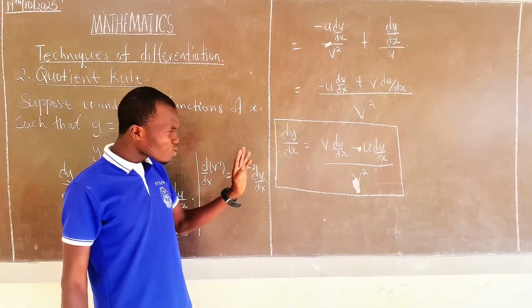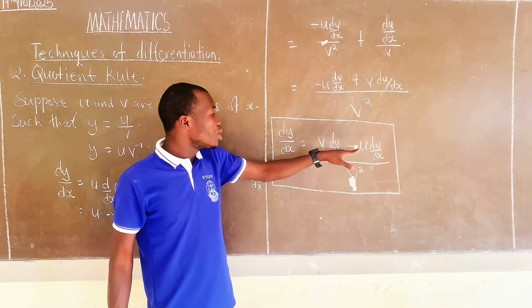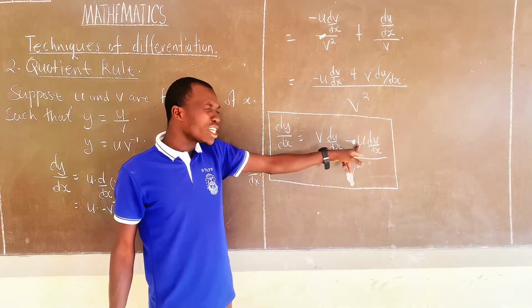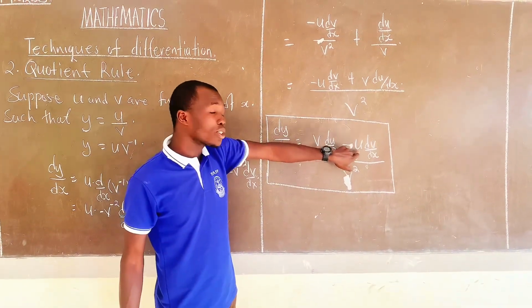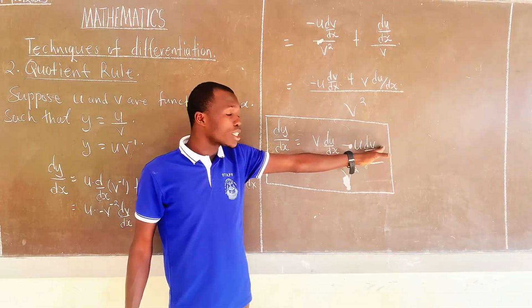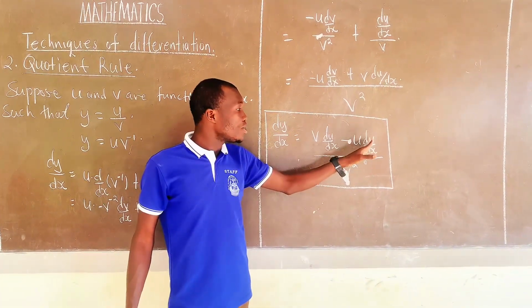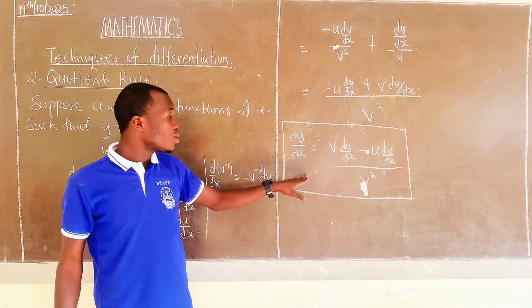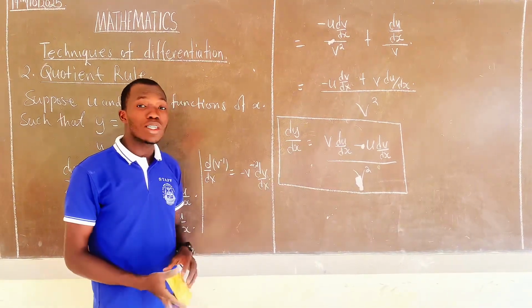And here, take care of what is negative. When you're keeping the first function, or the numerator, constant and you're differentiating the denominator, dv dx, ensure that the negative is on. So we shall look at one example under this, then we see how this rule is applied.